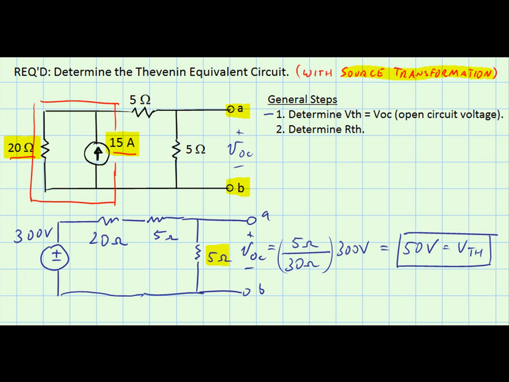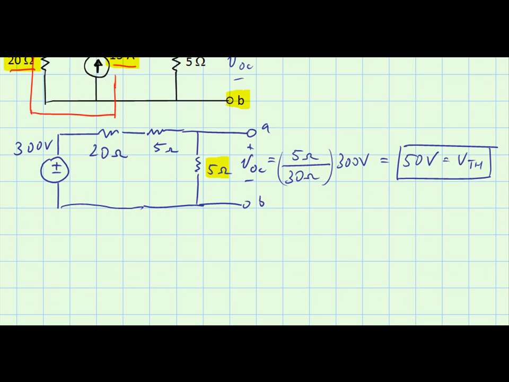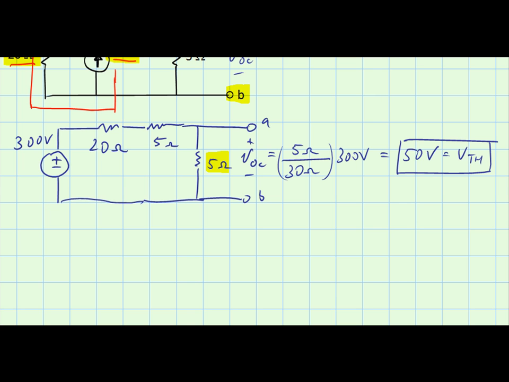Now, to determine R Thevenin, since this circuit only has independent sources, we'll just kill that source and find the resistance between terminals A and B. So we'll actually use our redrawn circuit with the 300 volts. We'll kill the 300 volt source, which basically means we'll replace it with a short.